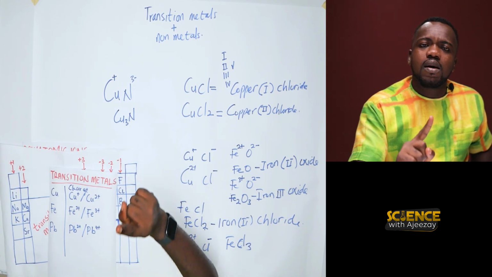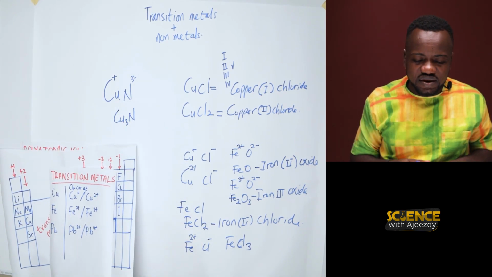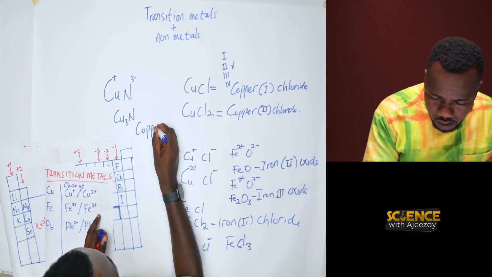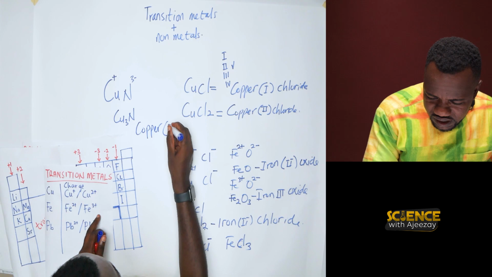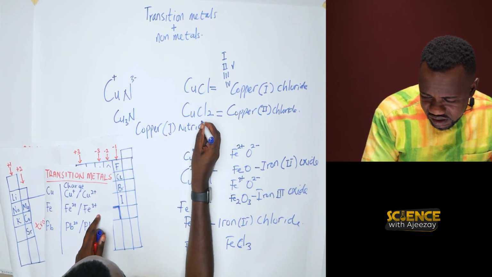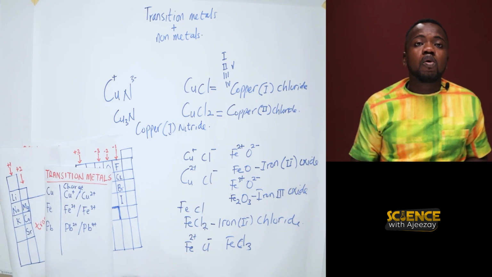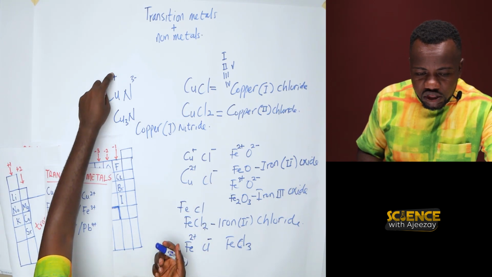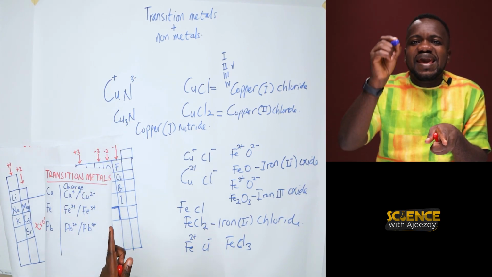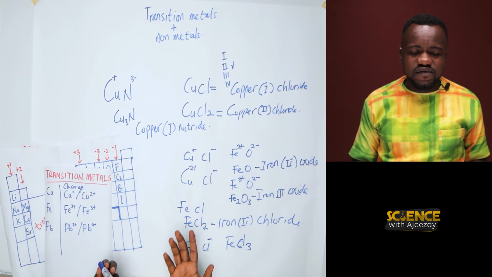So this is copper(I) nitride, copper in brackets I, nitride. If it is copper 2, the 2 will come here, and the 3 will go there, so it is copper(II) nitride. I believe it's getting clear.